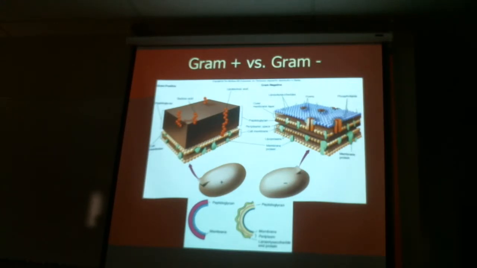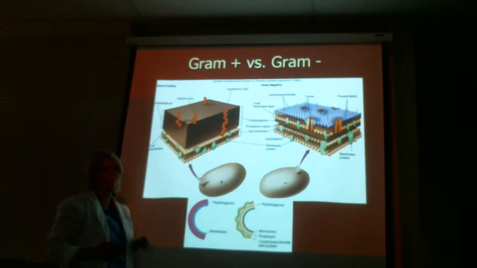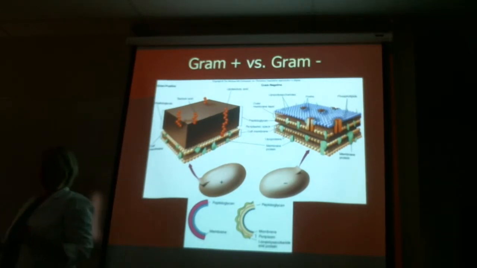Gram negatives, that's more like the traditional sandwich. So, from out to in, the first layer in the gram positive, and this is the cell wall, that thick layer of peptidoglycan. Working your way in is the cell membrane. So gram positives: outermost layer cell wall, cell membrane innermost layer.